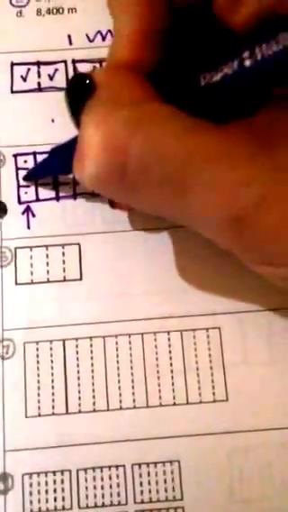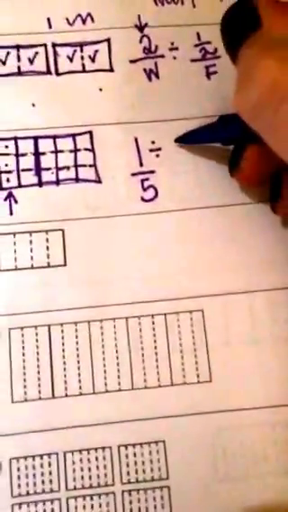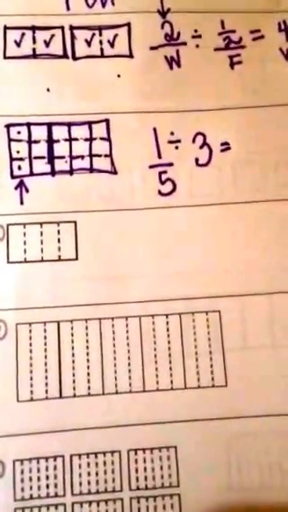Now we have to look at the dotted lines. What happens second? Well, we took 1/5 and we split it into 1, 2, 3 pieces. So it becomes 1/5 divided by 3. Now here's the crazy part.